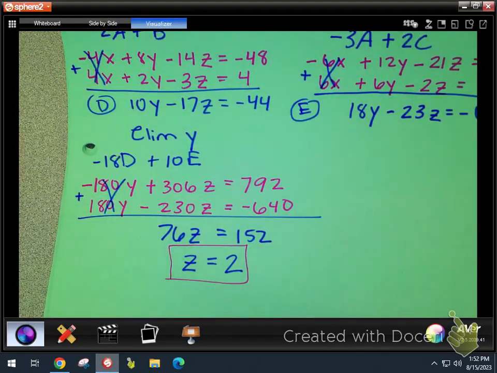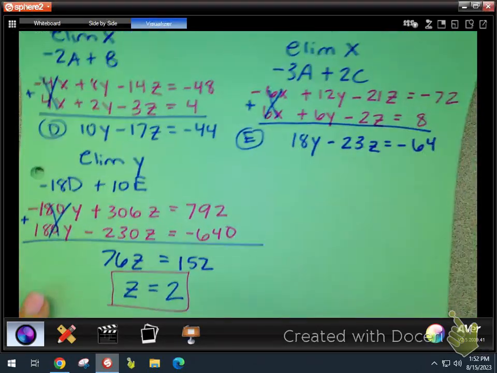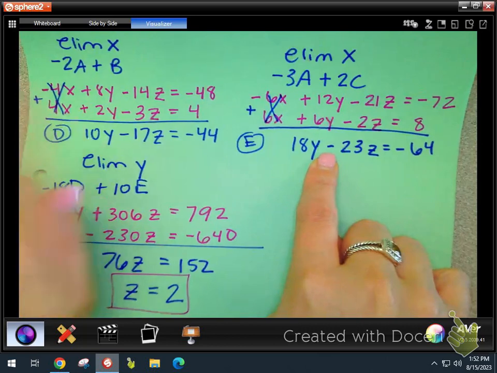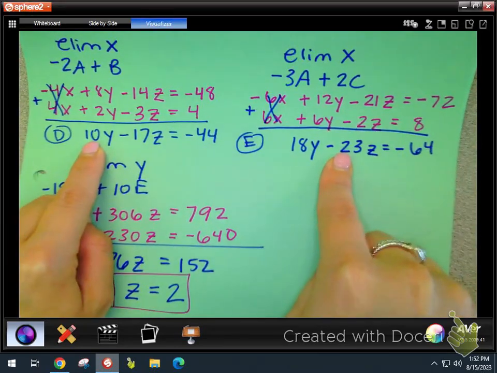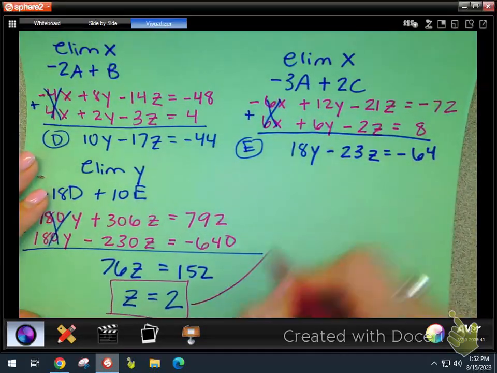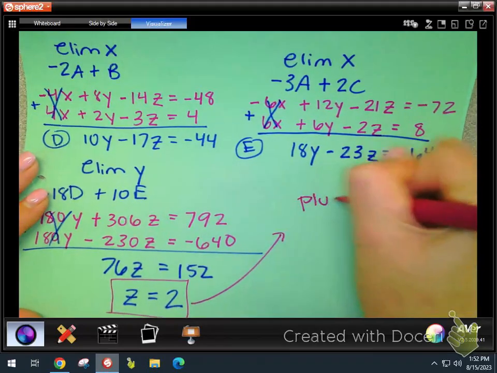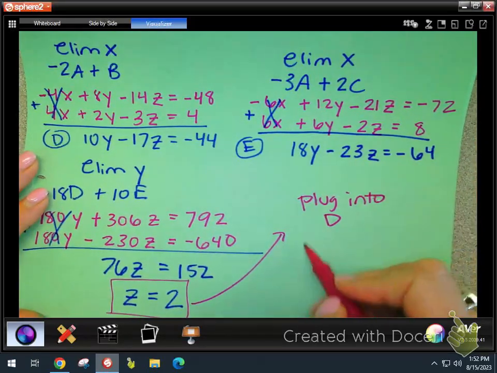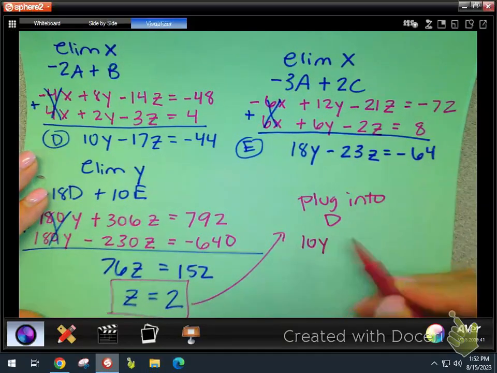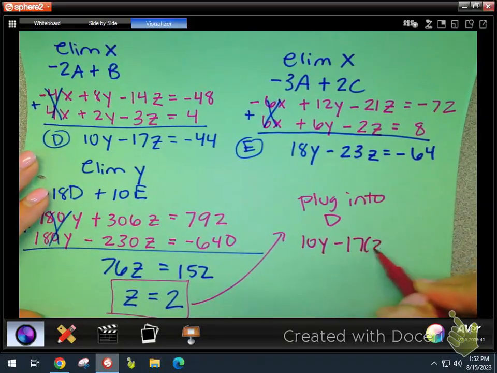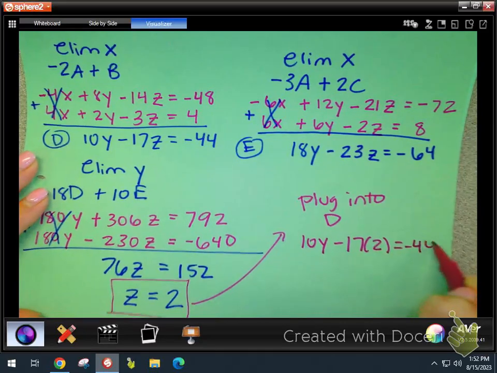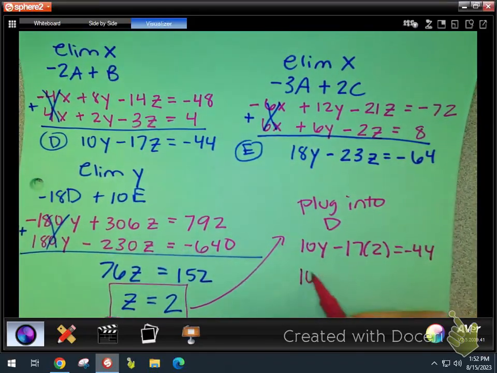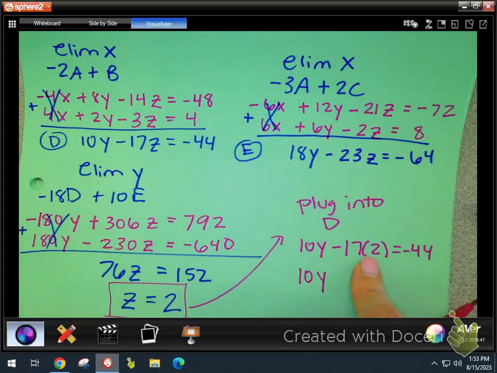No. So now we got to work our way back up. So now you got to take your value of z and plug it back in to one of these, D or E. I would do D as well. Plug into D. So we have 10y. This is a 2.